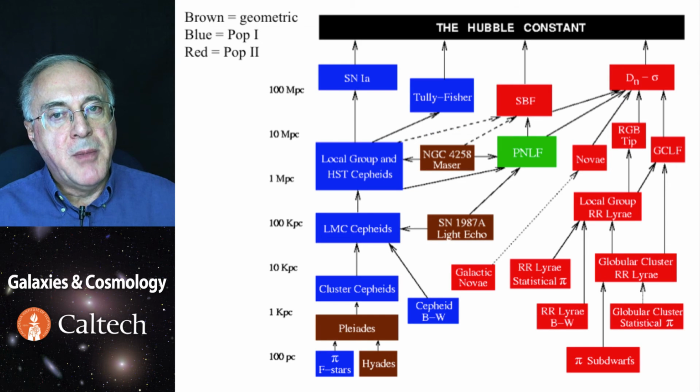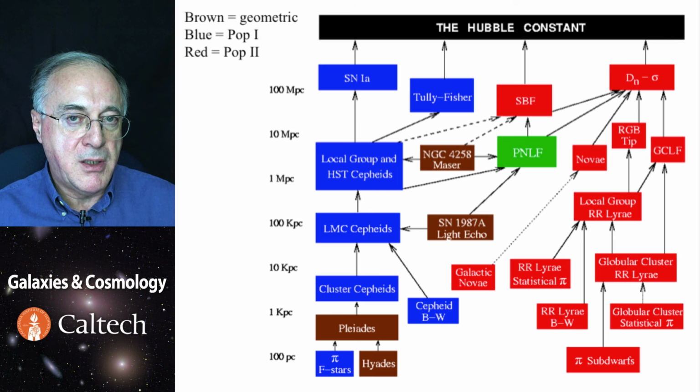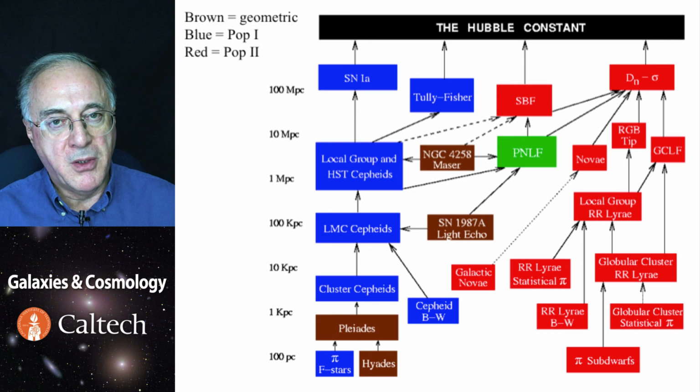So here is a schematic flowchart. It's not there to confuse you, it's just to show you a little bit how complex the network of measurements has to be, with mutual checks, to find out how far things are in the universe. It starts with the nearest stars and goes all the way to supernovae and truly cosmological scales.